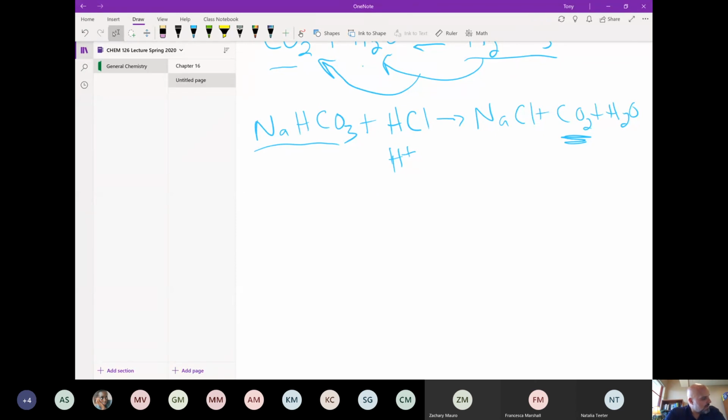All right, so you can see they give you examples in the textbook. They talk about different types of acids, in particular the acid that's in your stomach, so in this case, your gastric juices.